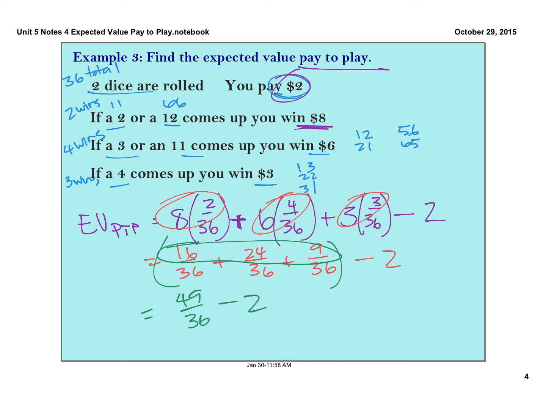And again, you can just type this into your calculator, but make sure you put parentheses around the fraction. So I'm going to open a parenthesis and then type 49 out of 36, and then close my parenthesis, and then subtract $2, and I'm at a negative 64 cents here. So this is negative 0.64 for my expected value. So negative payout, negative average means the house is winning.